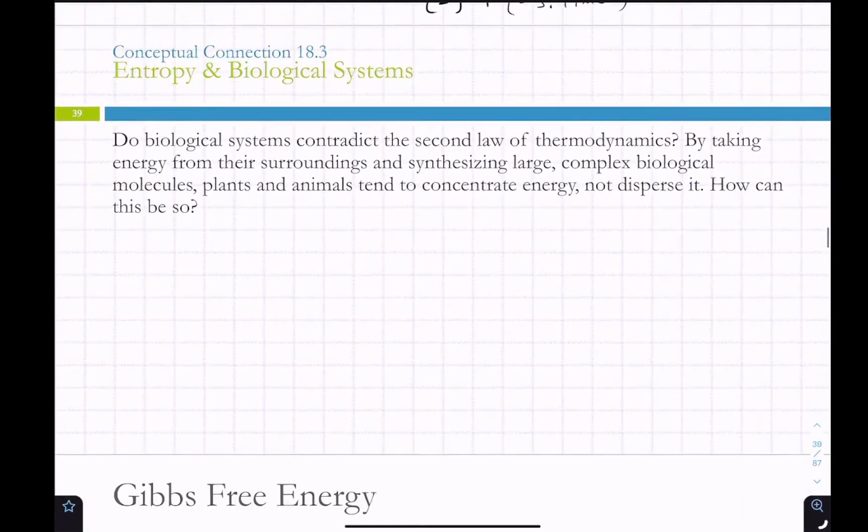So one last question here. Do biological systems contradict the second law of thermodynamics? By taking energy from their surroundings, any biological system is synthesizing large and complex biological molecules. Plants and animals tend to concentrate energy, not disperse it. So how can that be so?